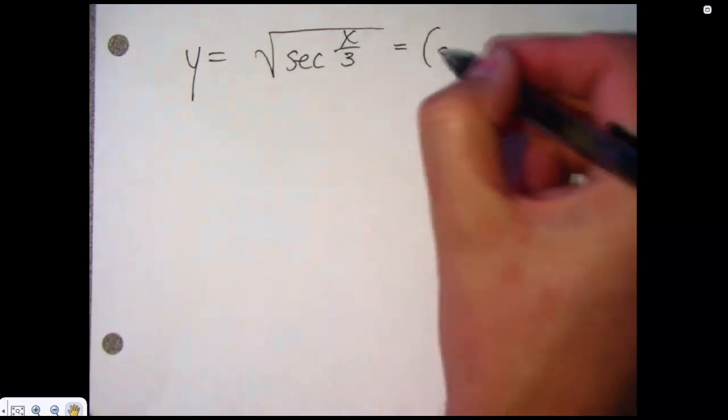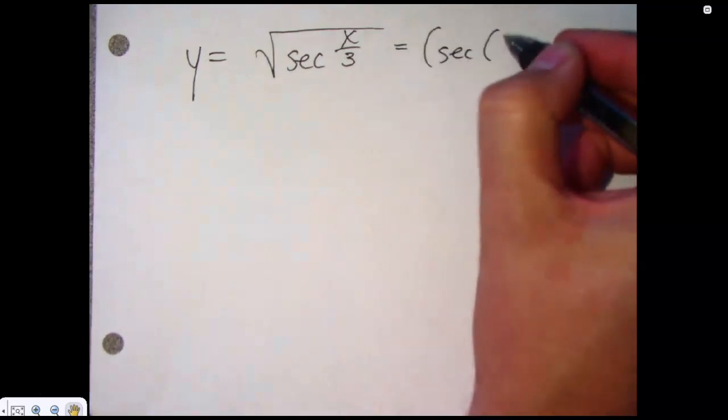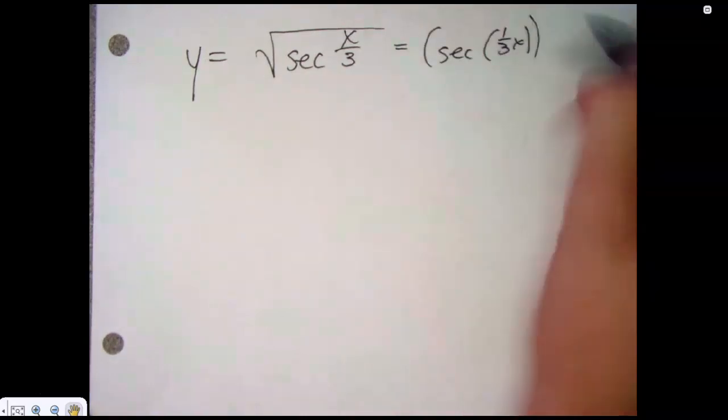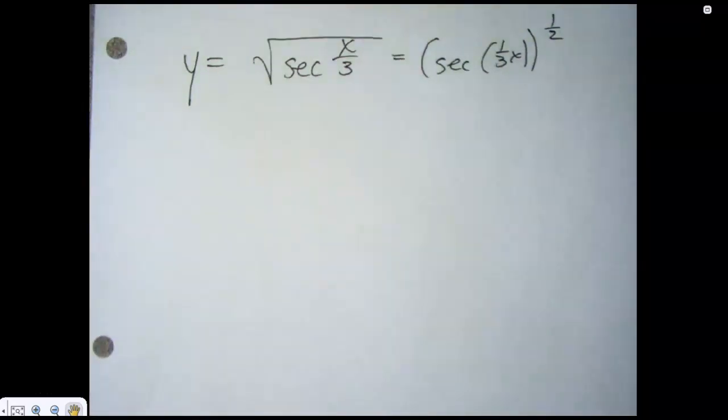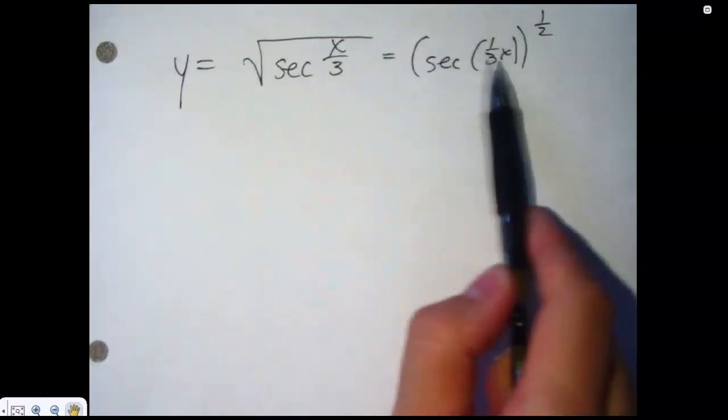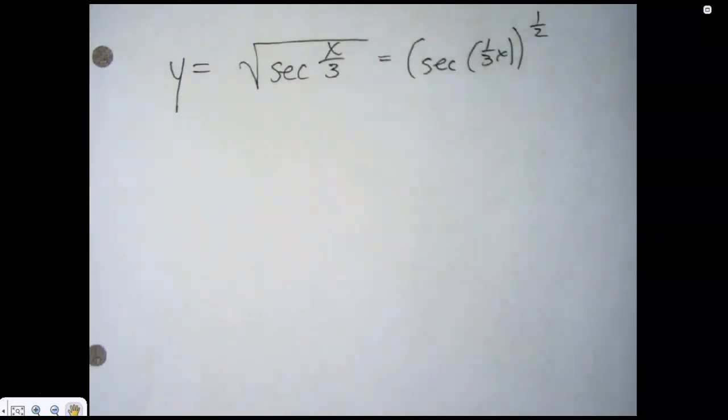Again, I would rewrite it first. I would probably write it as sec of 1/3 x, so the 1/2, because that just looks a lot easier. That x over 3 messes people up, like the x over 2 on the warm up we did. So I think it's a little easier if you separate it to 1/3 x so you can see the coefficient easier. You don't have to, but just a thought.